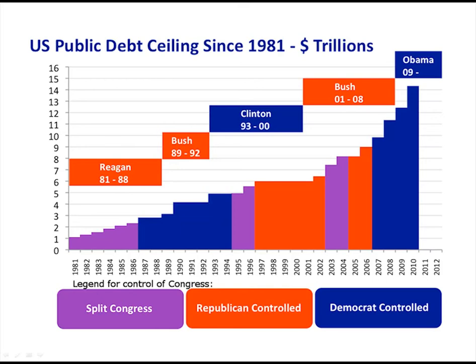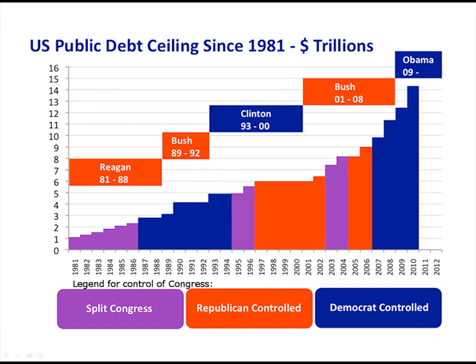The debt ceiling has been raised 74 times since 1962, and it was at about $14.3 trillion when it was raised last summer. Actually, the United States and Denmark are the only two countries that have a debt ceiling. The rest of the countries don't really worry about it, and in some sense, you wonder if the United States is really worrying about it because every time we come up against the debt ceiling, we raise it.